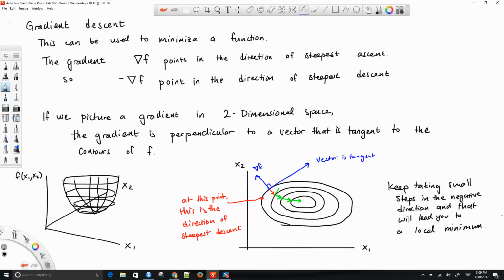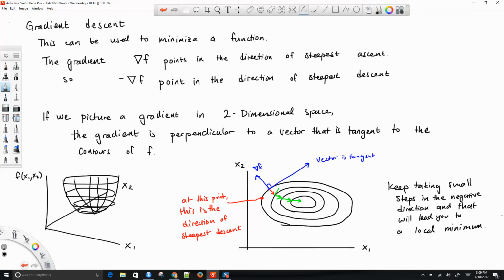In our case, when we're dealing with linear regression and we're trying to minimize the average squared residual, that function is what we call convex. It's basically a quadratic function, and so the local minimum is the global minimum.